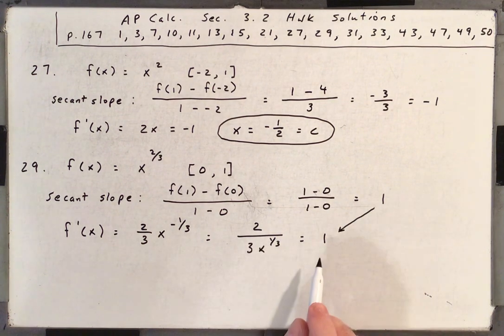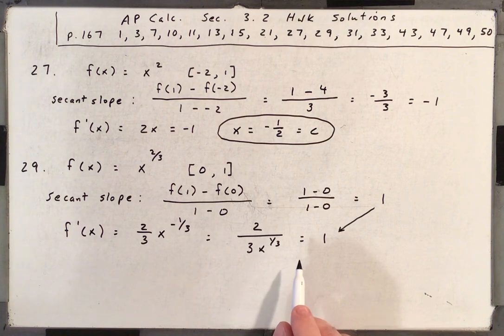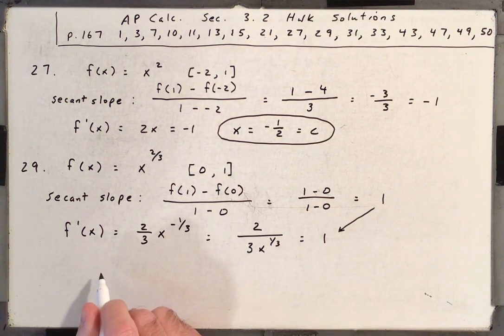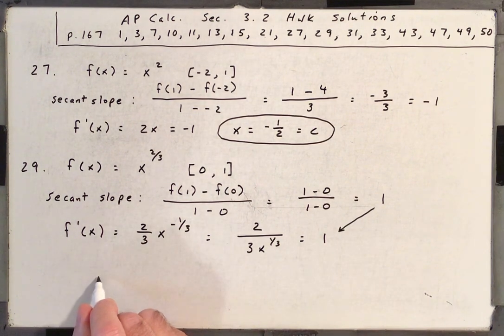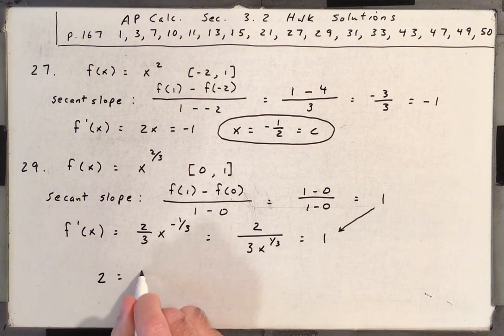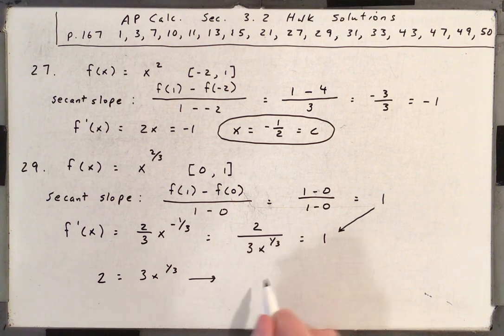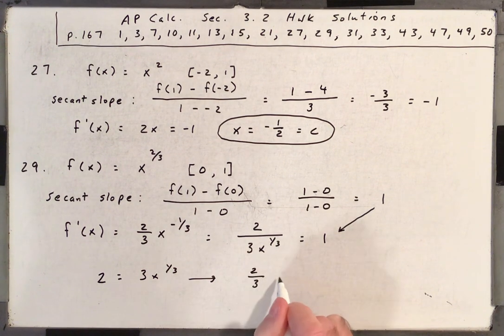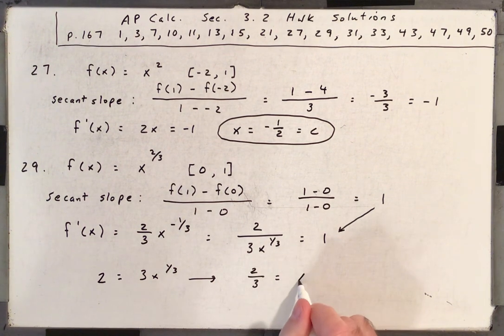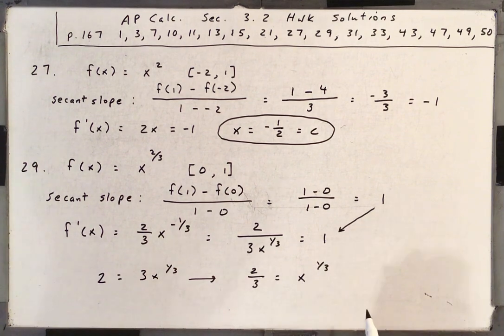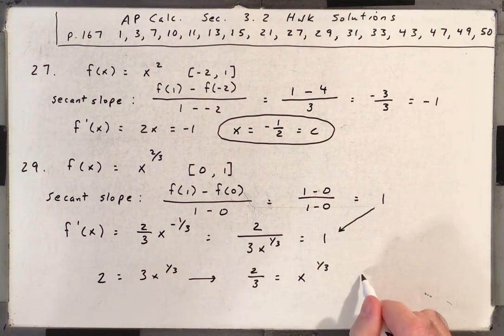So multiply both sides by 3x to the 1/3. You'd have 2 is equal to 3x to the 1/3. So 2/3 is equal to x to the 1/3. Let's cube both sides.